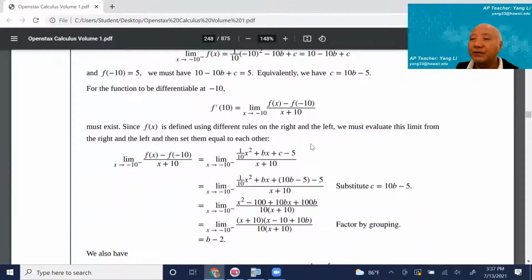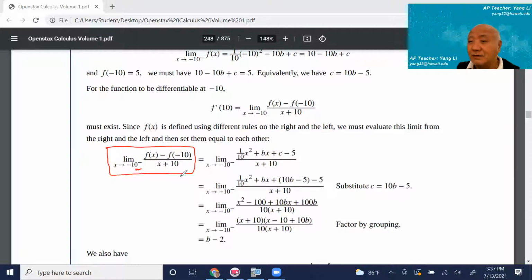and what we can do is, because the left and right are equal, right? For this one, derivative means you have a left limit and a right limit. So be careful here. This is called the left limit because x approaches -10 from the left side at x equals -10 there, right?